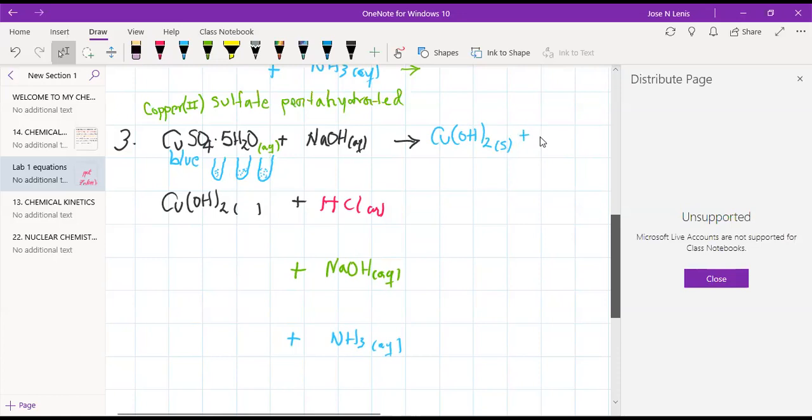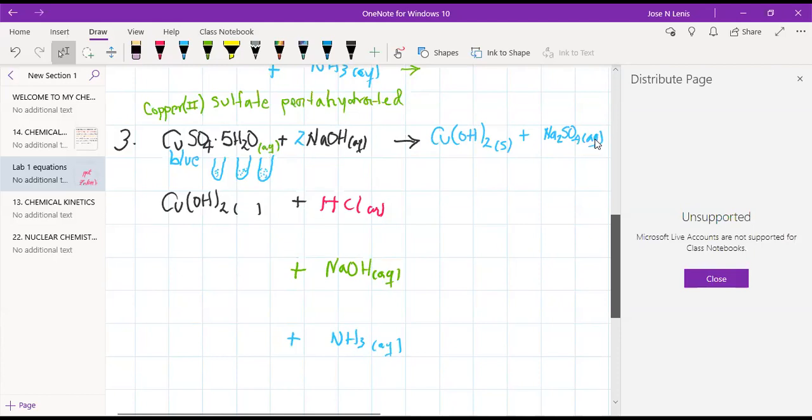Plus sodium sulfate, which is aqueous. And the water, since this is aqueous, the water is there, right?